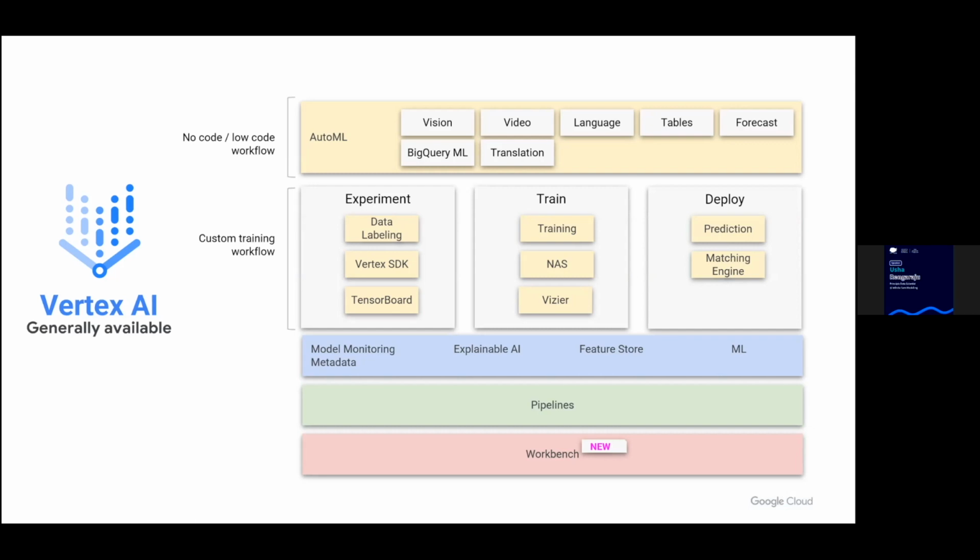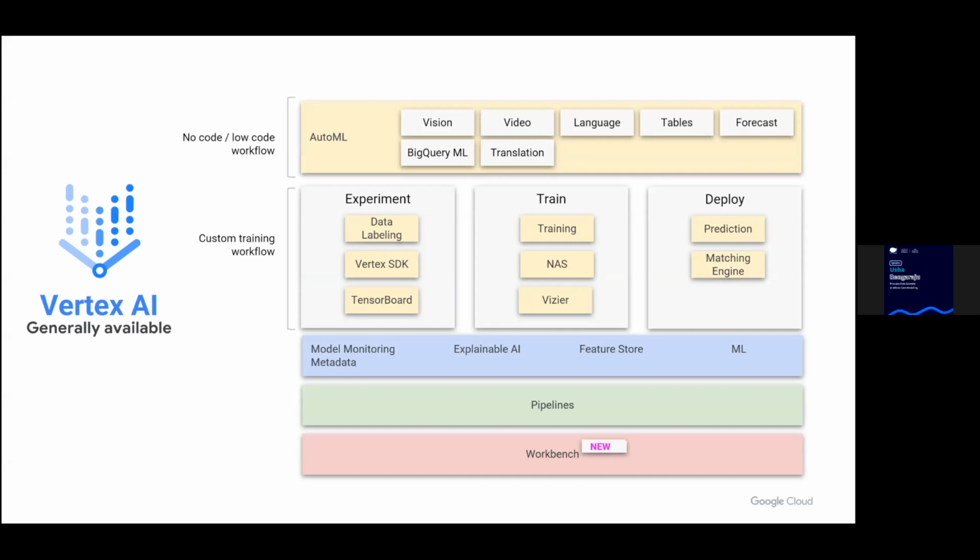If you're going to use it for AutoML, there is the existing suite of AutoML products available in GCP, which is vision, video, language, tables, forecast, and all these things. But not all the time will we be able to use AutoML. Most of the times we might have to write our own custom logic. If you're going to write your own custom training code, then Vertex AI supports that as well.